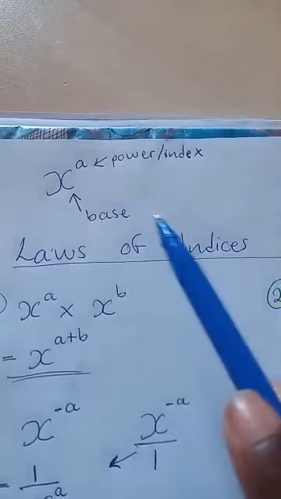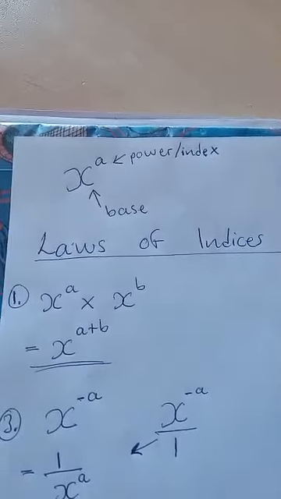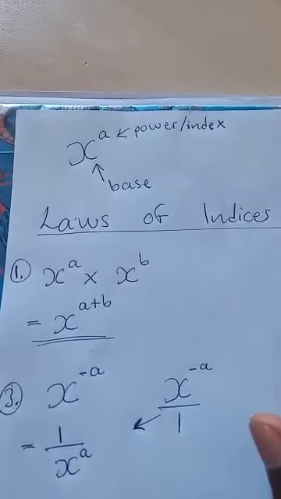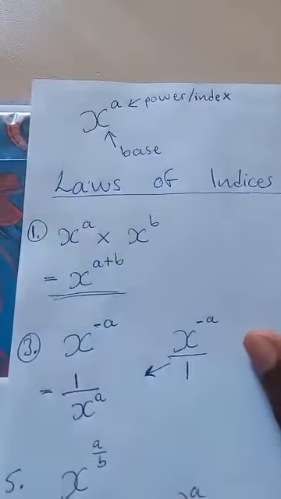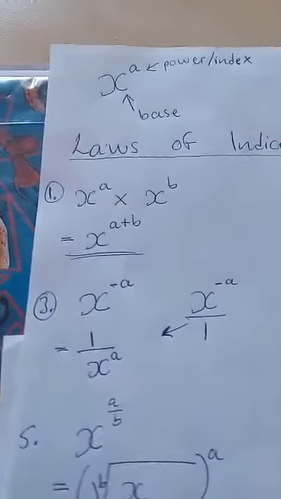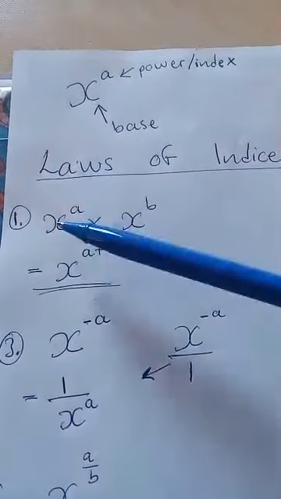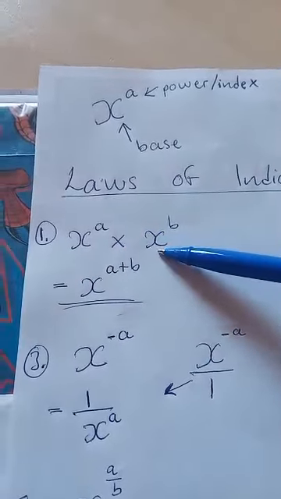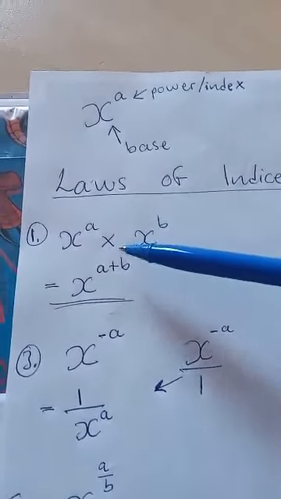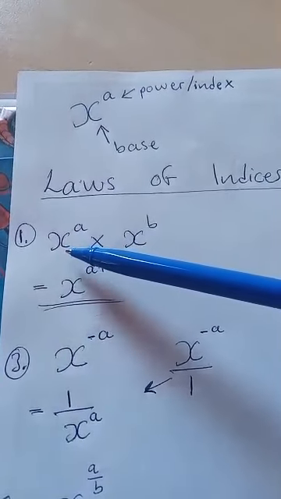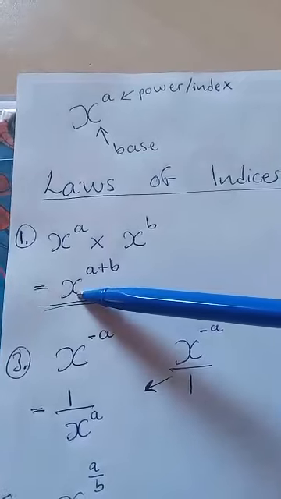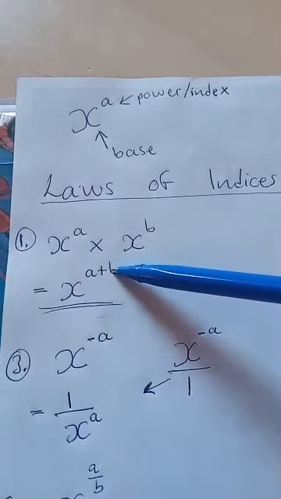So let's look at the laws of indices. We should understand these laws because we will need them when tackling some of the questions that we'll encounter along the way. The first law, number 1: x to the power A times x to the power B. When we are multiplying indices and the bases are the same, we only take one base and then add the powers.